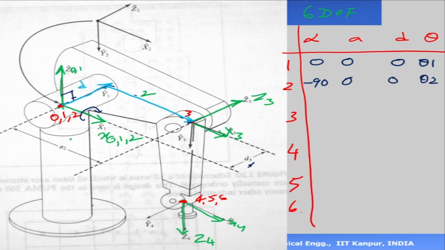So there is a distance d3 and a distance here, which is my a2. What is the angle between z2 and z3? There is no angle, they are parallel, so it is 0. The distance between the z-axes is a2, and the distance between the x-axes is d3, and this is my theta 3.